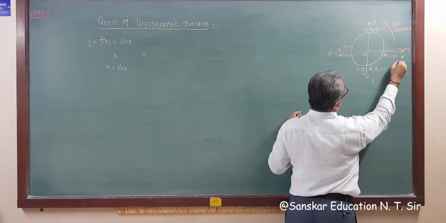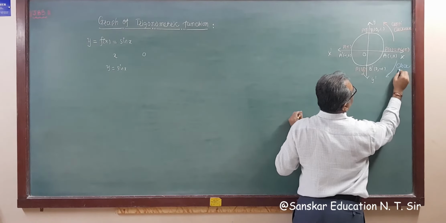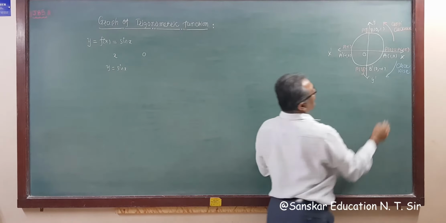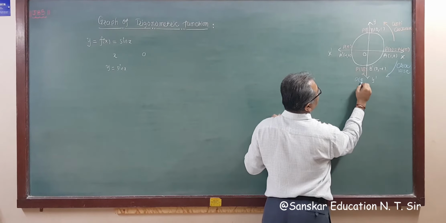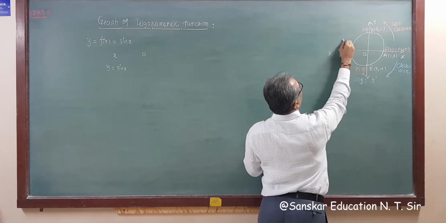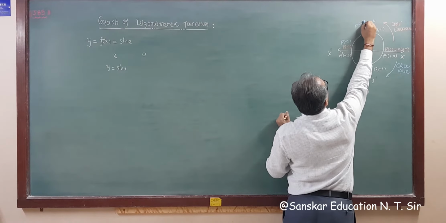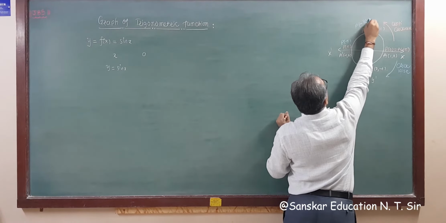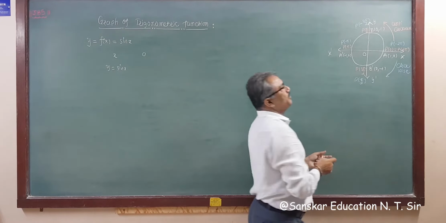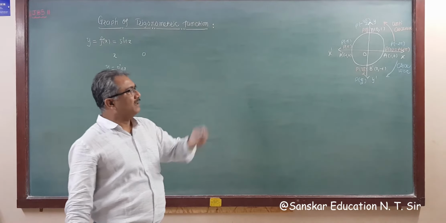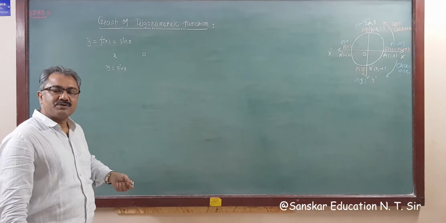Now if we move clockwise in this direction, then you know this is your trigonometric point P minus pi by 2. This point is P minus pi. This point is P minus 3 pi by 2, and this point is P minus 2 pi. This you know. Now using this, we are going to construct a table for drawing the graph of y is equal to sin x, right?